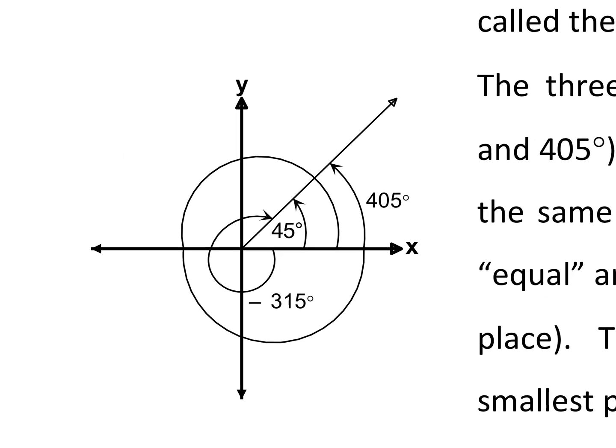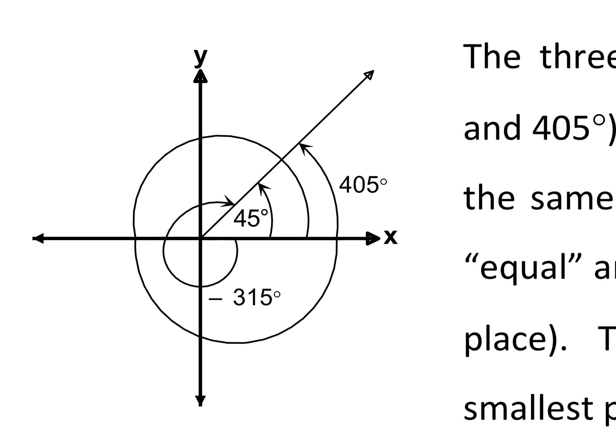So here we have 3 coterminal angles. 45. If you go all the way around once and then go up another 45, you get 405 degrees. Or if you go in the negative direction and go clockwise, you get negative 315 degrees. Those are all coterminal angles.